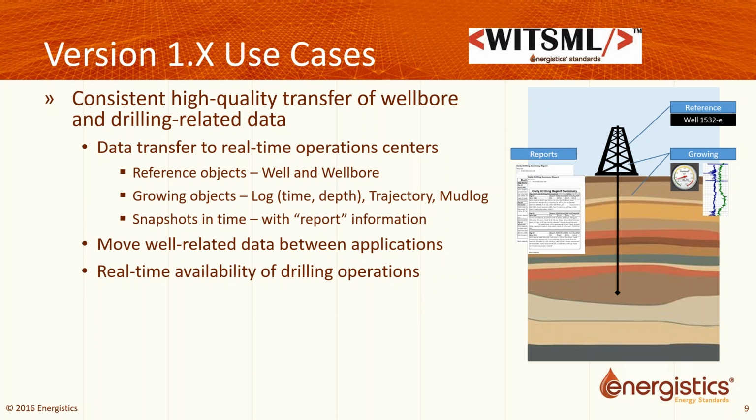We call one category of objects growing objects, and those are things that change continuously as you drill. So that's obviously things like hook load, weight on bit, rate of penetration, any sort of logging information, LWD kind of data. Also the trajectory changes as you drill ahead, and the mud logger gathers mud log information continuously as you're drilling ahead. So those are what we would call a growing object.